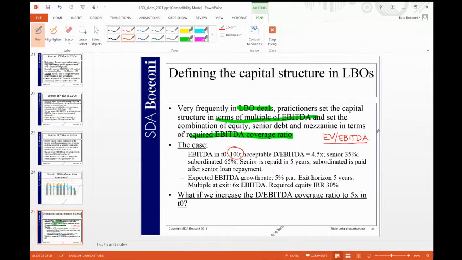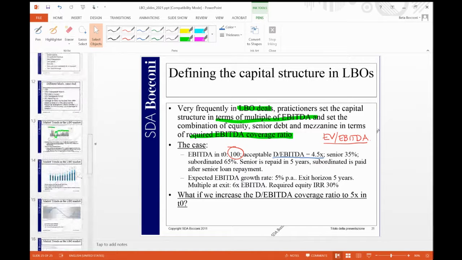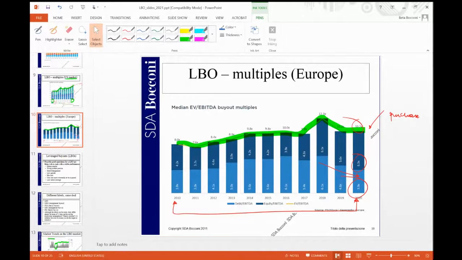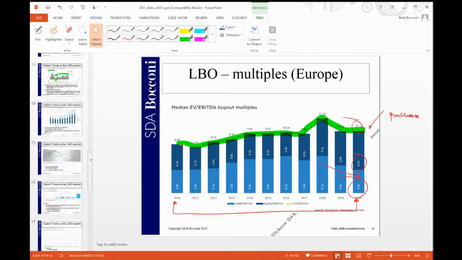We go to creditors, and creditors say that for them, the acceptable debt over EBITDA ratio, do you remember, for example, currently, if we go in the marketplace in Europe and we go to banks, banks say that the acceptable level of debt over EBITDA is in the region of 4 times as much.